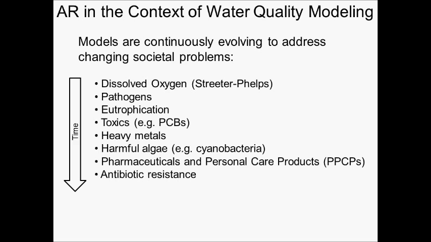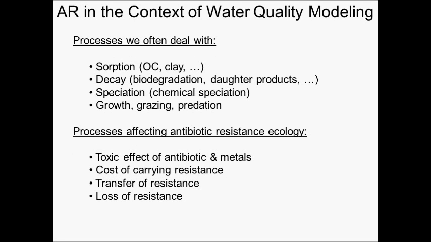Now, it's a bit of an uncharted territory. Oftentimes when we deal with a new problem, the mechanisms are not so different from what we've had in the past. Many of these problems that our models addressed have mechanisms like sorption, decay, speciation, growth, grazing, and predation.